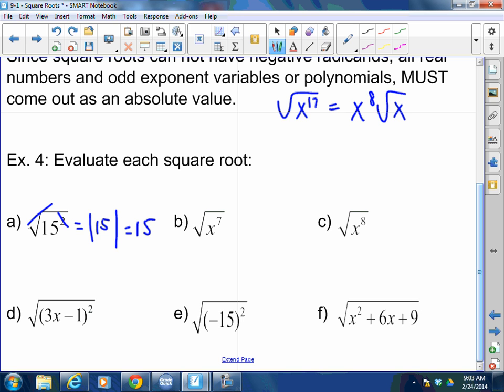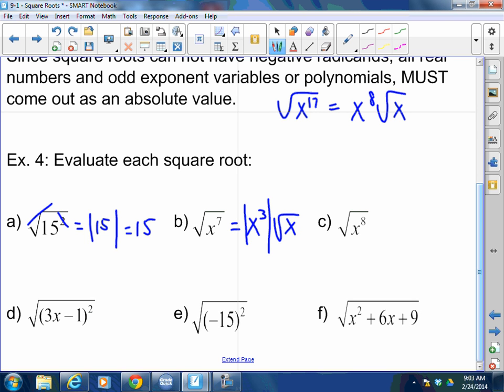No. The absolute value of a number is never plus or minus. Remember, we use plus or minus when we're solving radical equations. Square root of x to the 7th. 2 goes into 7 how many perfect times? 3. But that's odd, so I have to put an absolute value. And what's left over? 1 x. Boom.